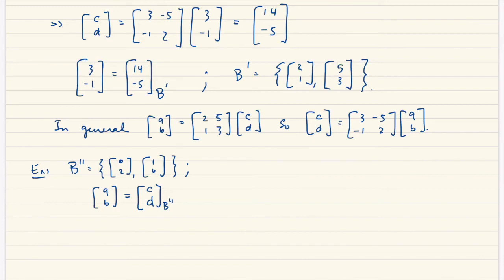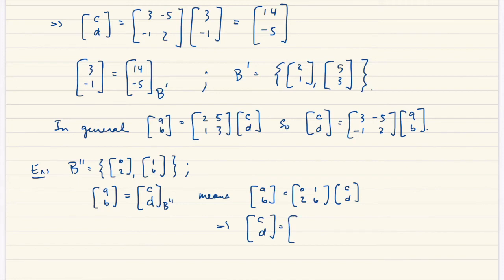And so what that means is that we really want to find values of C and D so that the quantity A, B is equal to 0, 1, 2, 6 times CD. And so really that means CD is going to be the inverse of this matrix 0, 1, 2, 6.